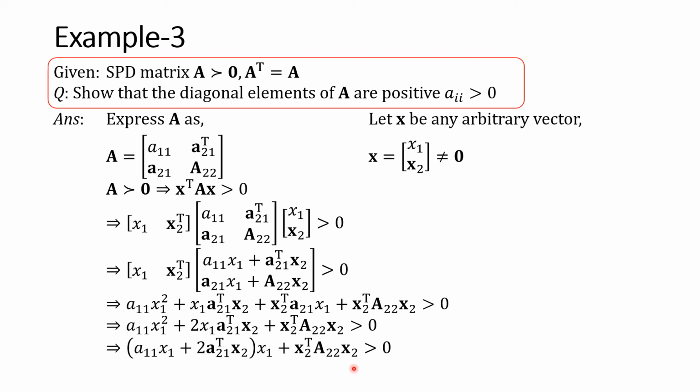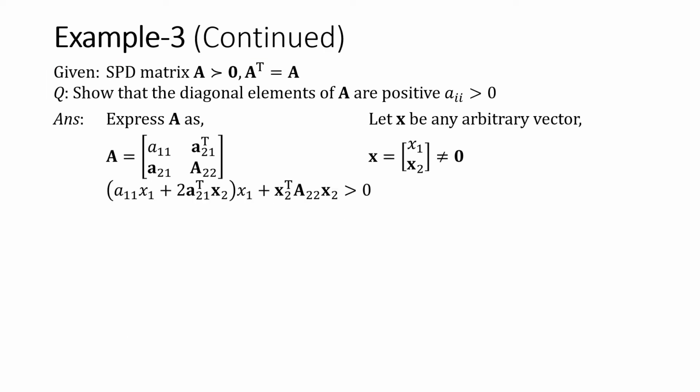Now, I'll take x1 common from the first and the second term, and so I get this expression. Let's remember this expression for the next slide. So this is what we arrived at.